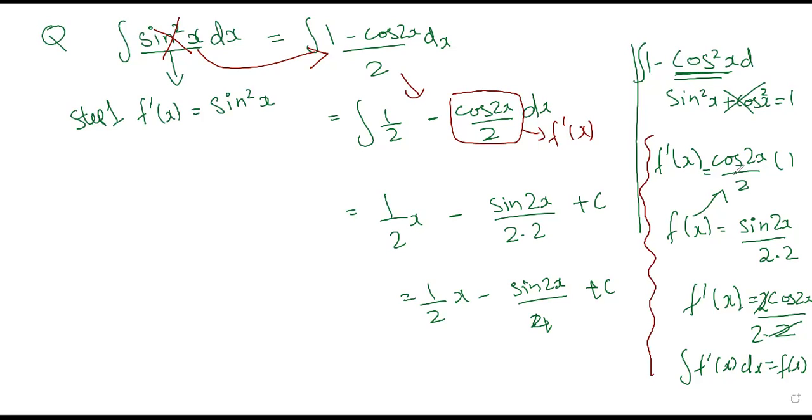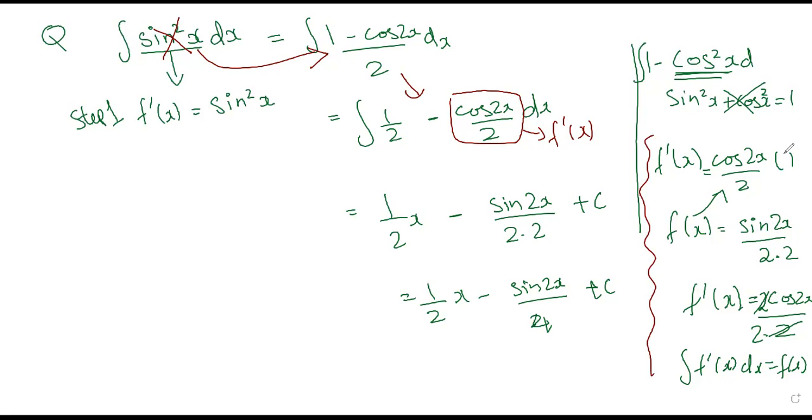We considered cos 2x by 2 as the derivative, and initially we said that okay, sine 2x could be that function. But if we had sine 2x and if we differentiate it, we would get cos 2x into 2. This 2 was missing, so we basically divided by 2 over here.